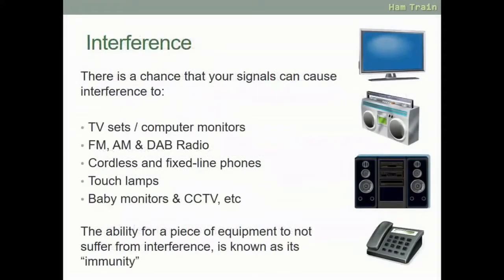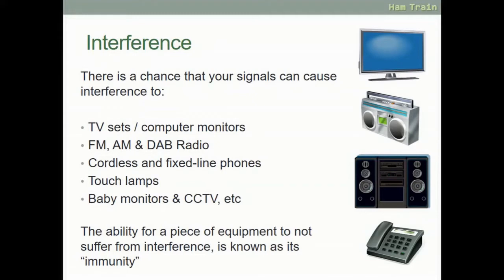So, different interferences. There is a chance your signals can cause interference to, amongst others, TV sets, computer monitors, public radio systems, cordless and fixed line phones, touch lamps, as I mentioned just now, baby monitors and CCTV, amongst other things.